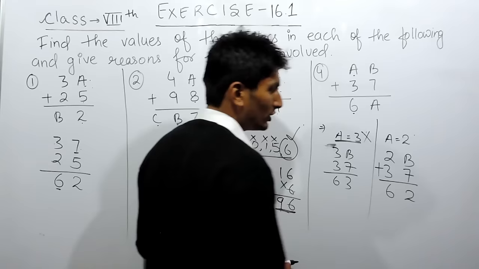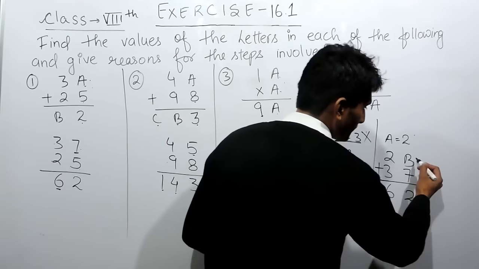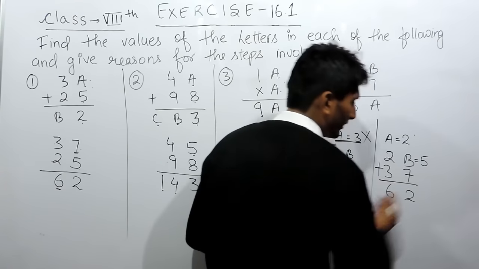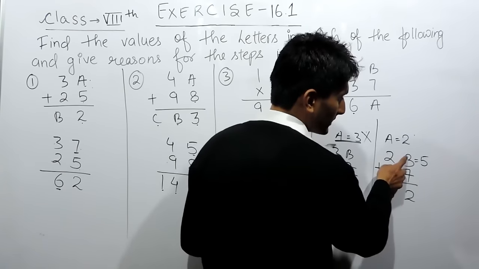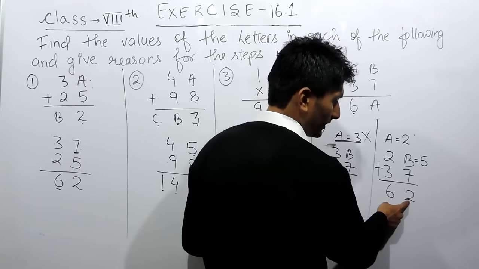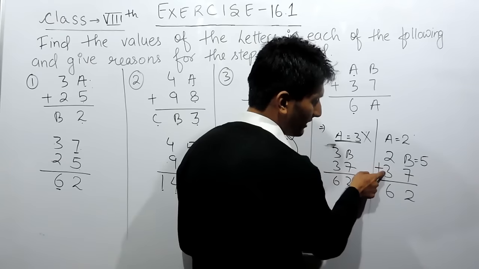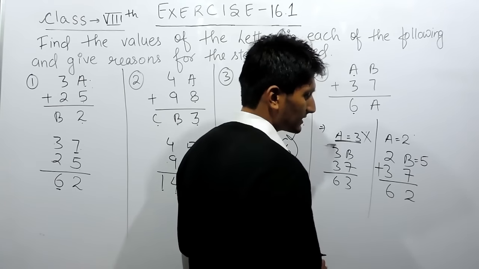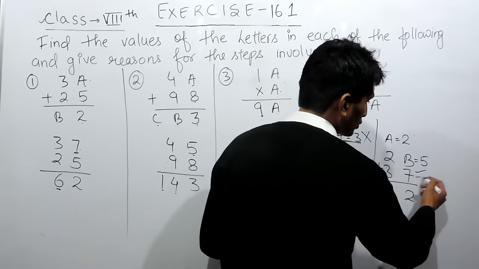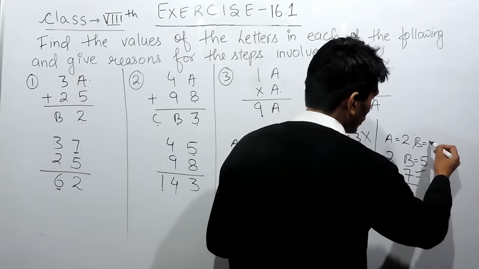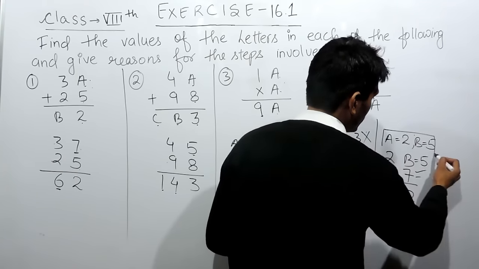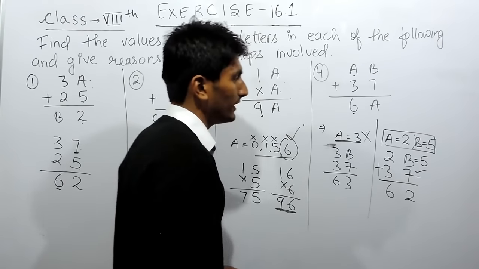So if the value of b here is 5, 7 plus 5 is 12, that is unit digit 2, and 1 is carry, and 3 plus 2 is 5 and 1 carry, so the result is 6. So these are the correct values of a and b. So here the value of a must be 2 and the value of b must be 5.